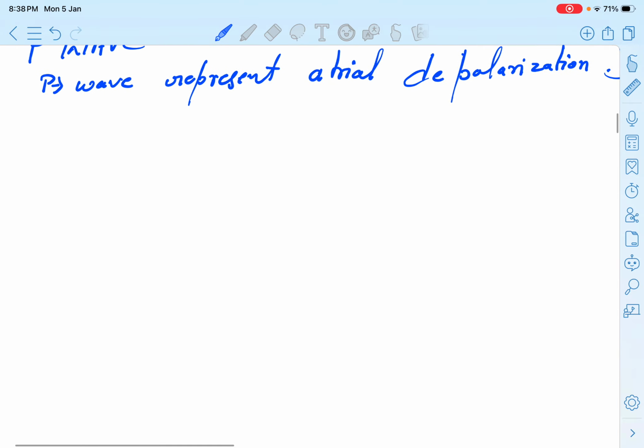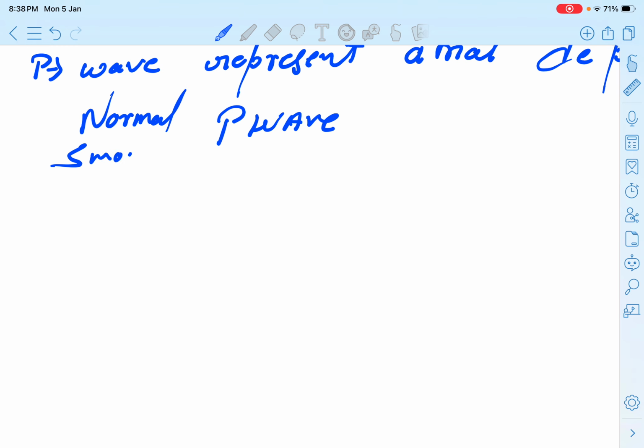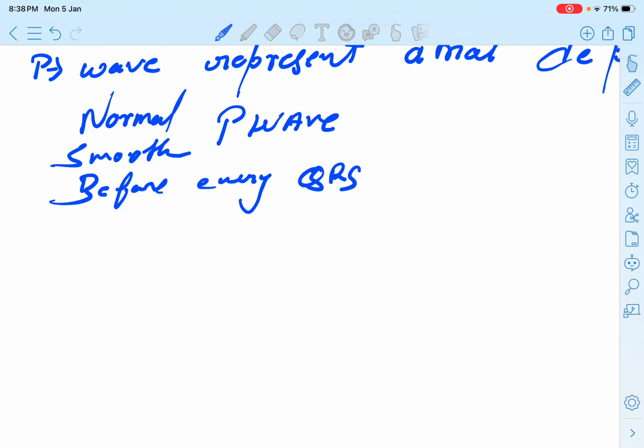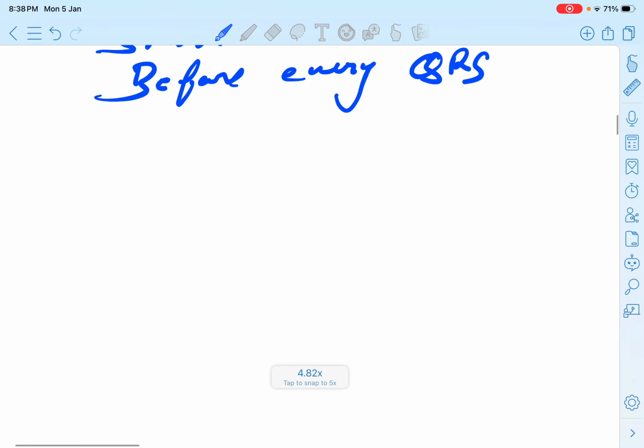Normal P wave: smooth before every QRS. Okay, let's talk about QRS complex.